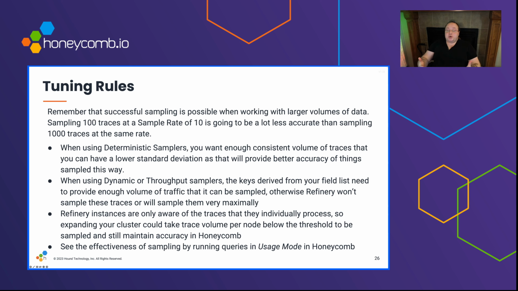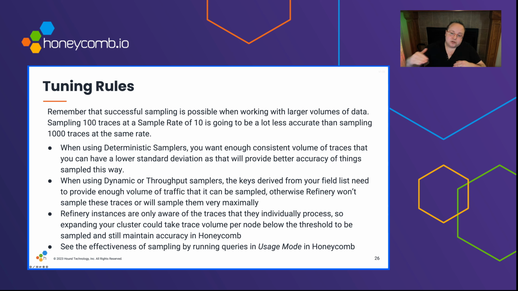All right, so tuning our rules. Once we've gone past the point of creating our initial rule set, and we're working with dynamic samplers and stuff like that, we want to remember that successful sampling works best with larger volumes of data. Back in the beginning of the presentation, sampling 100 traces with a sample rate of 10 was a lot less accurate than sampling 1,000 traces at the same rate.